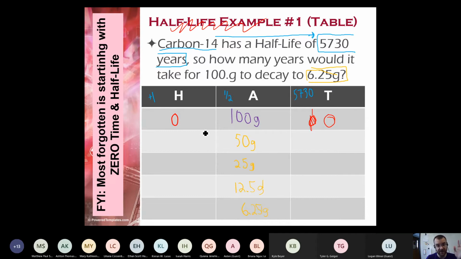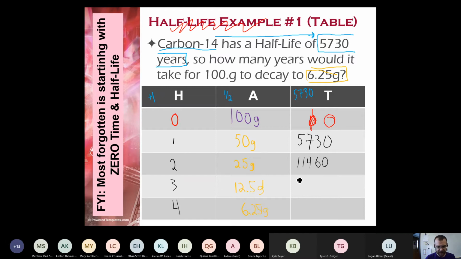But there it is. So as we go, we start at the 100, then half, half, half, half until we hit our stop. Then we can go back to the problem and go, okay, the half-life is 1, 2, 3, 4, because sometimes it's going to want us to say it. Now the time, we're going to be adding this time. So the first time is 5,730, and I'm just going to keep adding that. I'm going to just add time over and over to this, and this would help if I had my calculator handy.